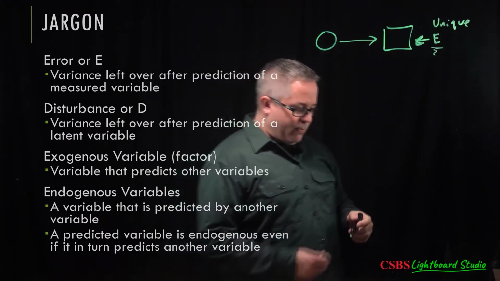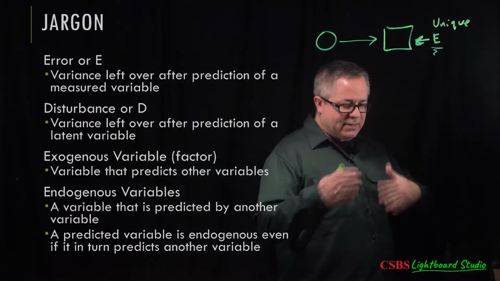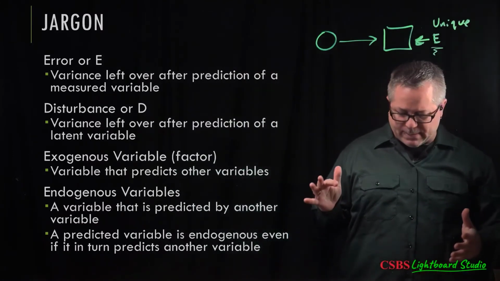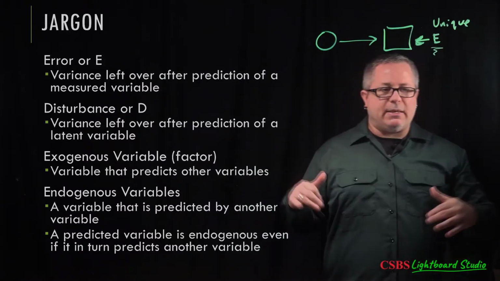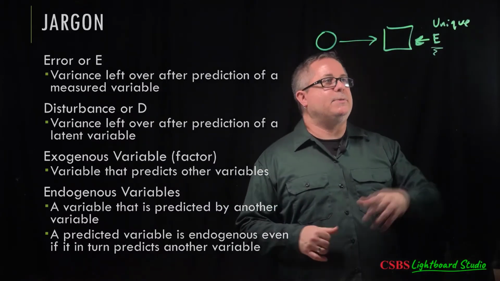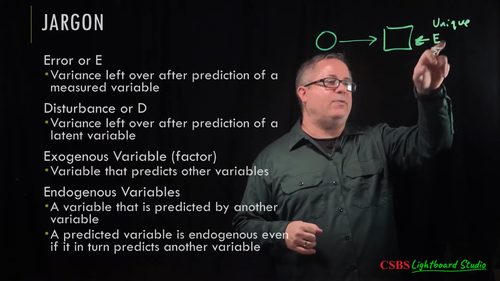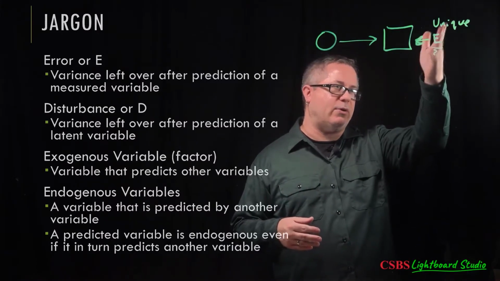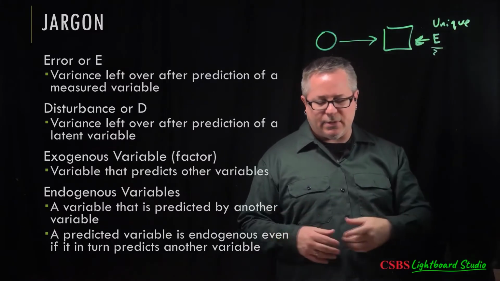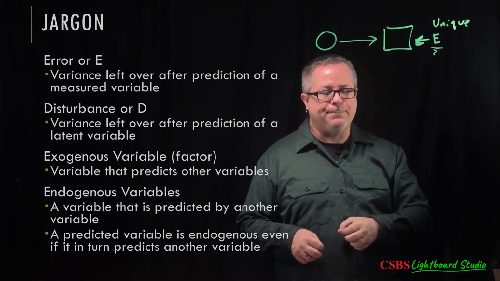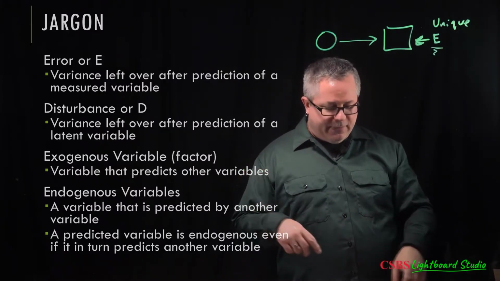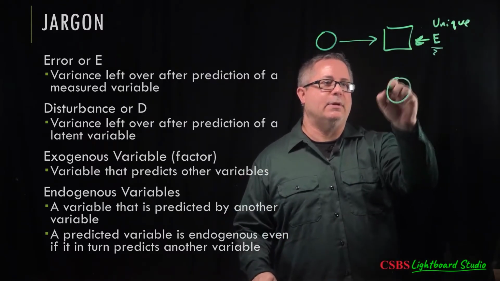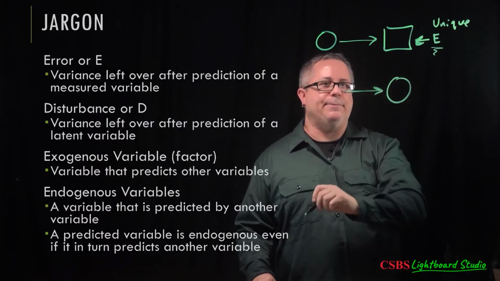So what we label as E plays a couple different roles, and you will see later on the reason why, because it really doesn't matter. Mathematically, when it starts to figure all this stuff out, it solves for this the same way. So it doesn't matter if it's unique or error, it's being estimated the same way. The same thing happens where you have a factor that's being predicted by something.